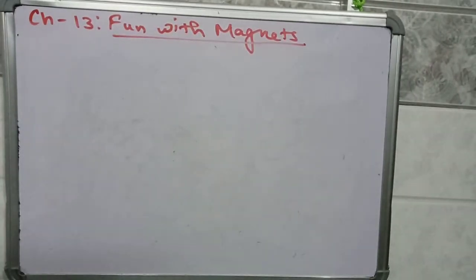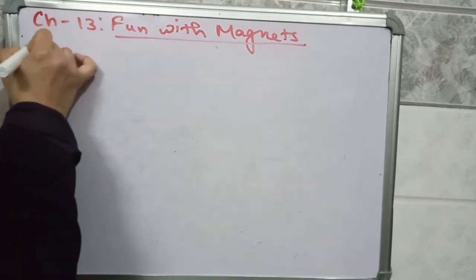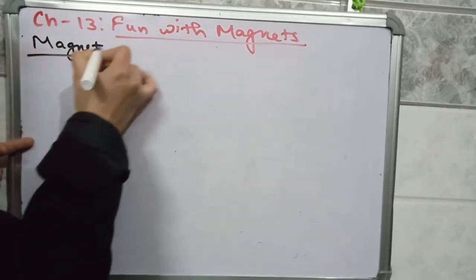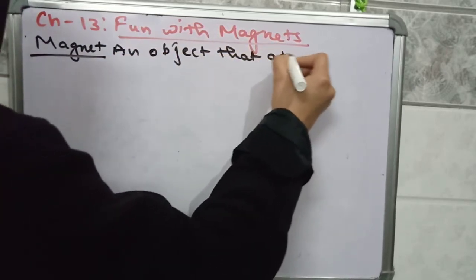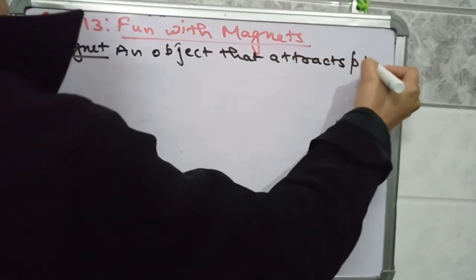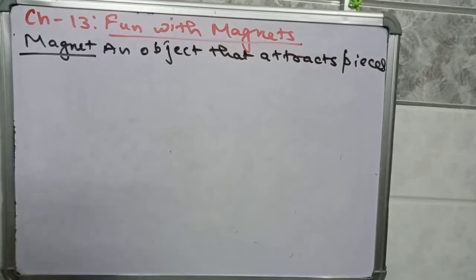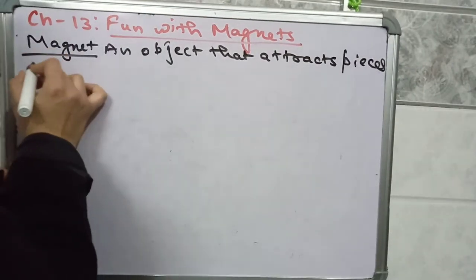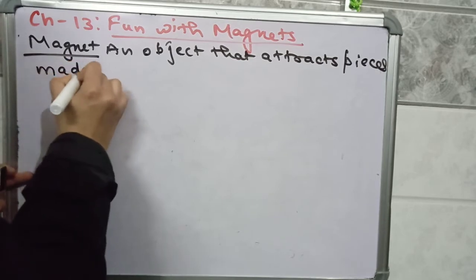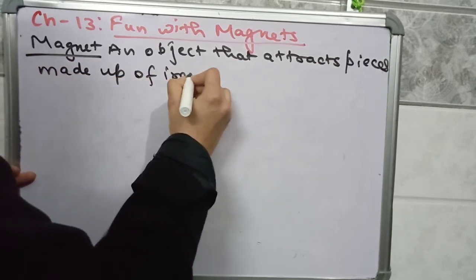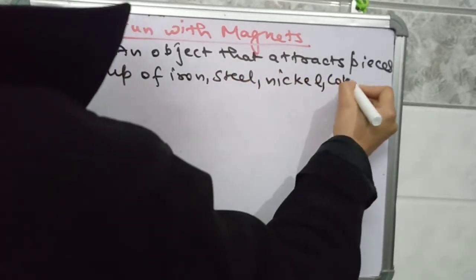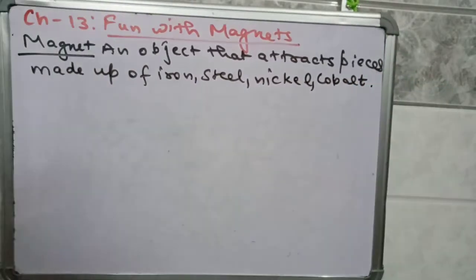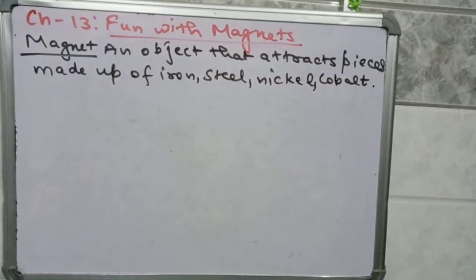So what are magnets? A magnet is an object that attracts pieces made up of iron, steel, nickel, cobalt, etc. Okay, so the substances which attract the pieces made up of iron, steel, all these are metals found in nature.